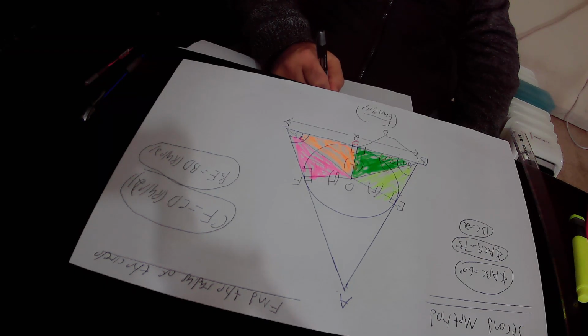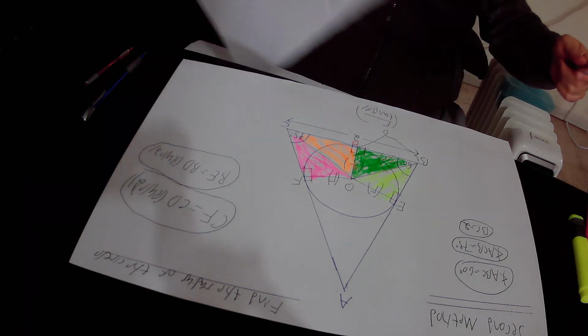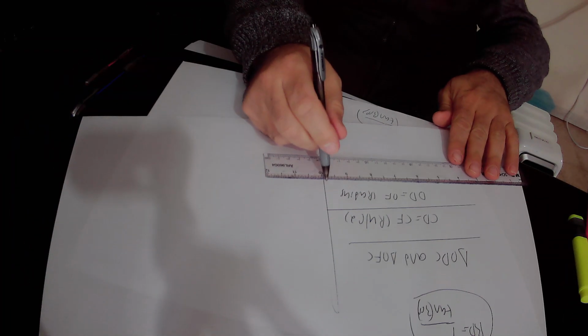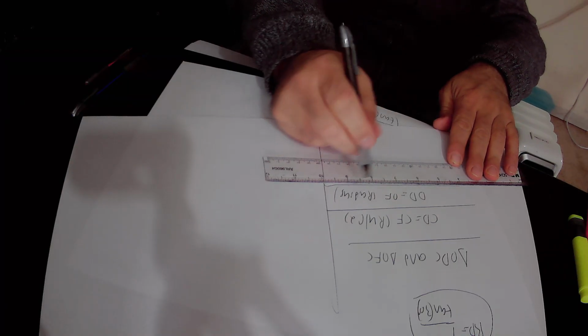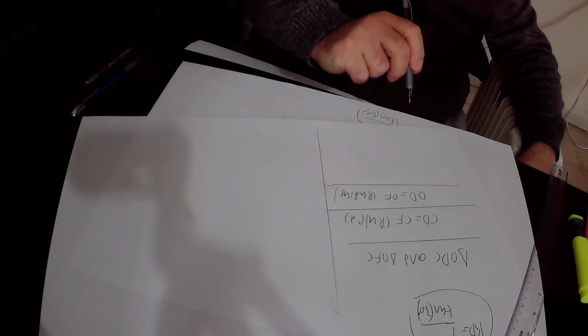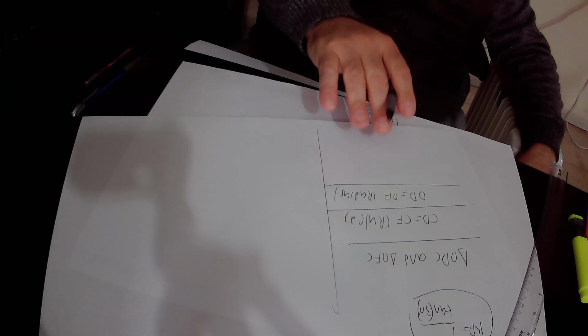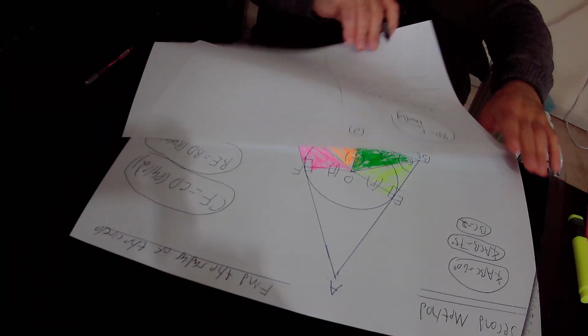They are both the radii of the circle, therefore OD equals OF.